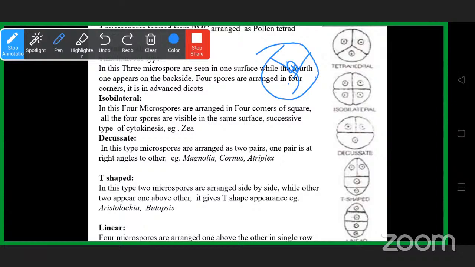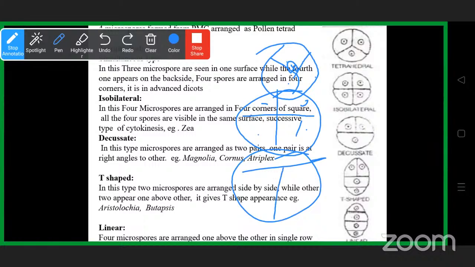Tetrahedral. You see isobilateral, two on one side and two on the other side by side. And in the decussate, two are horizontal, two are vertical.